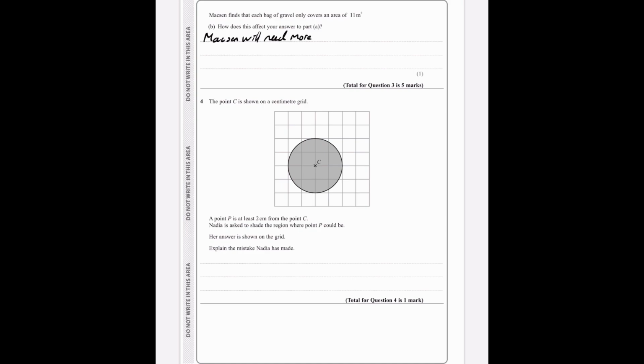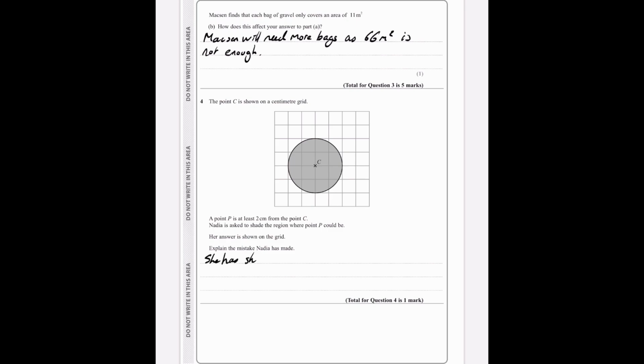That won't be enough to cover the 73 and a bit square meters that needs covering, so there won't be enough. Basically, Maxon will need to buy more bags. In fact, one more bag would do it.